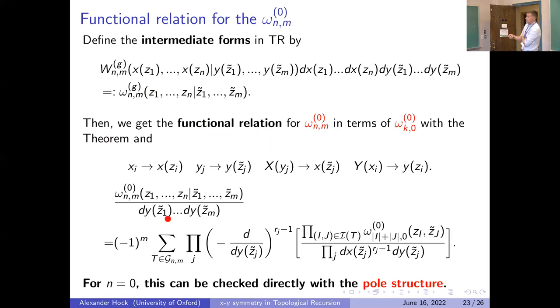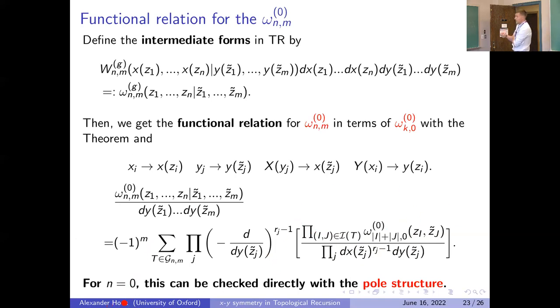And then we have, for instance, this relation for omega 0 nm, where we divide here by dy z1 tilde and so on. I don't want to write them here at the end. And then we sum again over the trees, and this formula simplifies a little bit, where we have a product of dx z tilde j's to the power of the valence of the vertices and so on. So this is the result for TR then.